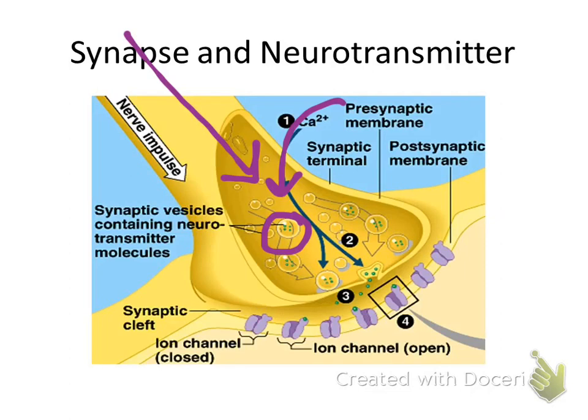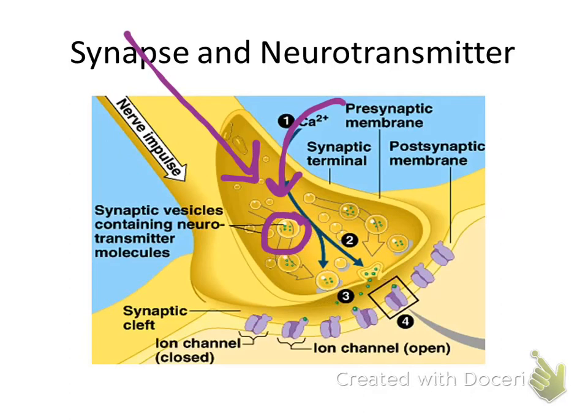Calcium comes in, surrounds the vesicles, and then the vesicle fuses with the axon cell membrane. You see how the vesicle fused right there? The vesicle is going to release neurotransmitter out into the synapse. So the nerve impulse got to the end, calcium came in, calcium fused with the vesicle of neurotransmitter, and the neurotransmitter was released to the outside.